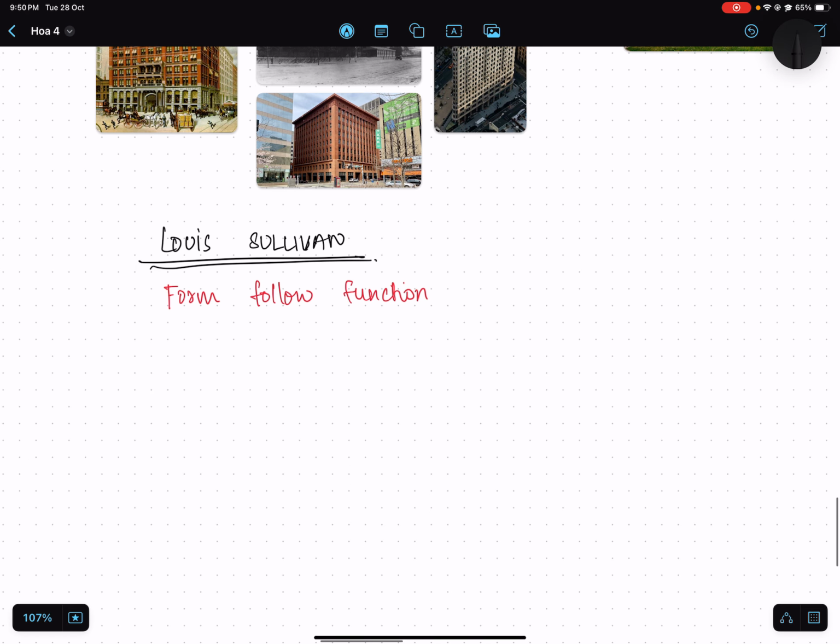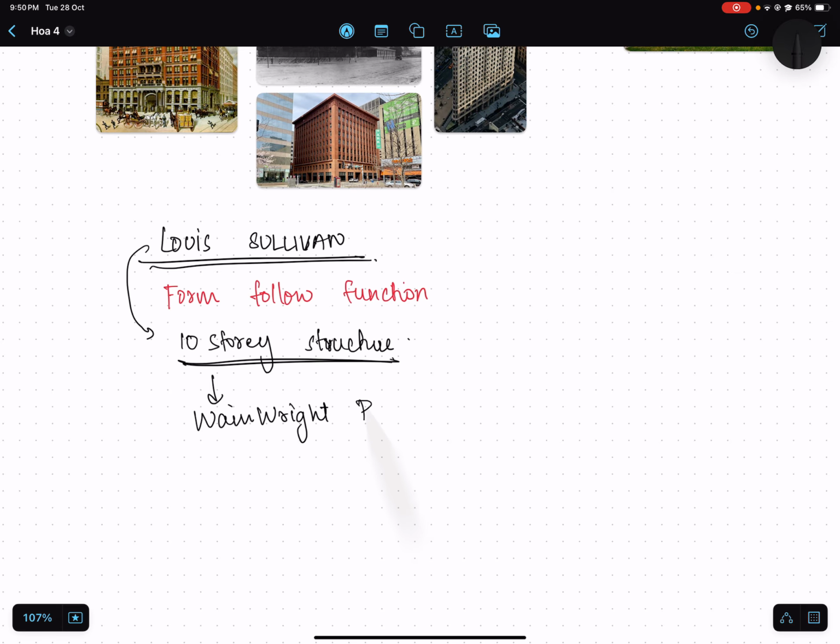The first skyscraper, I'm not sure if it is the first skyscraper, but I think it is the first skyscraper. So Louis Sullivan designed a 10-story structure called the Wainwright Building, which is this.